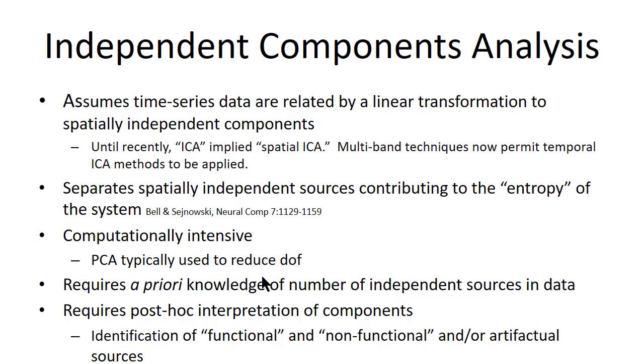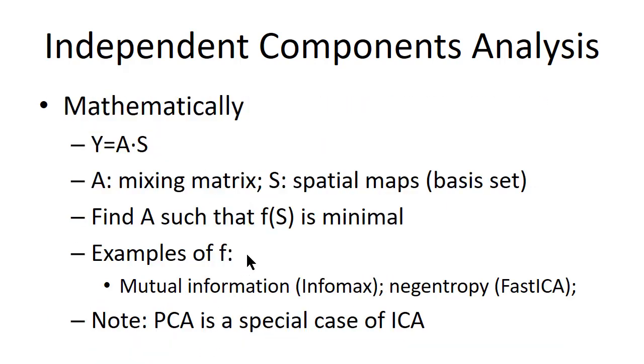It's particularly important when doing group analyses. And the other thing is that it requires a post hoc interpretation of the spatially resolved components. You're reduced, at the end, to identifying what you consider to be functionally interesting components.